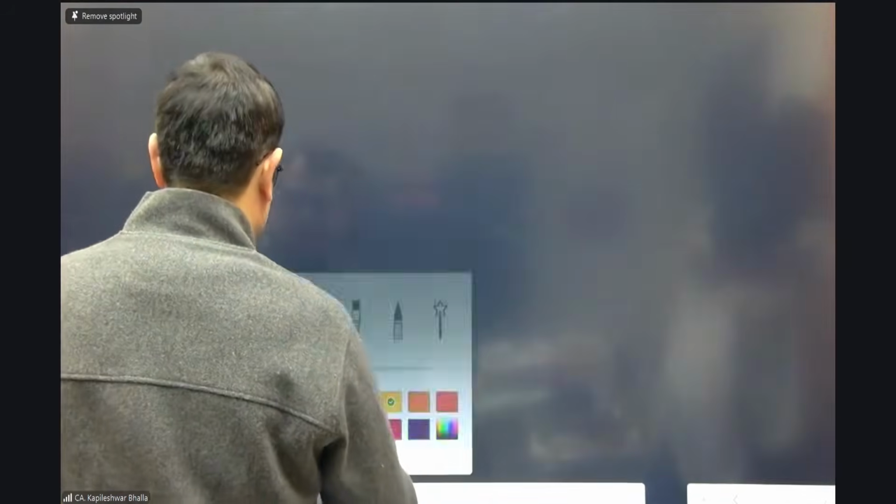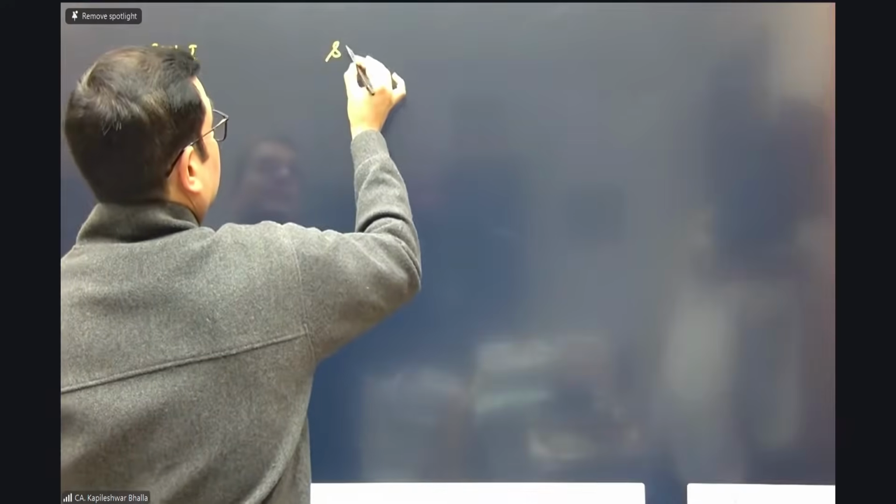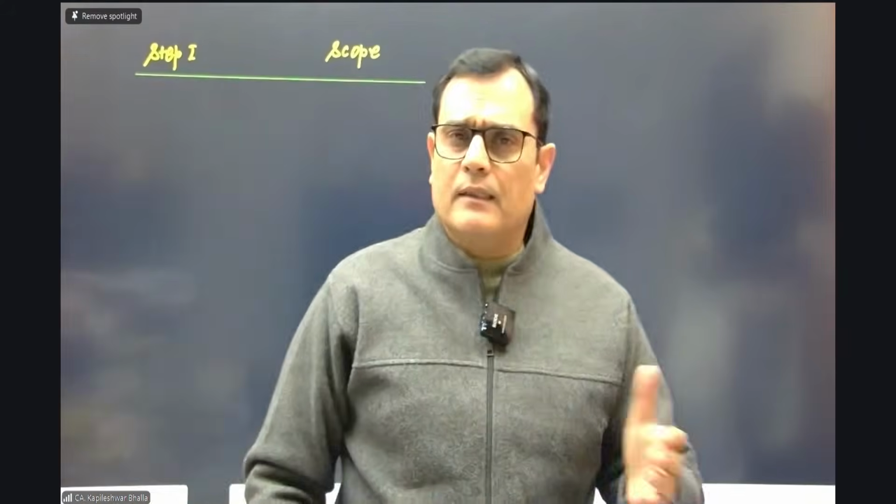Okay, so let's come back to the agenda. I am coming to step number 1. As far as step number 1 is concerned, that is considering the scope of the standard. And let me give you a very interesting chart at this particular stage. Since you've already done the course, it's easier to connect all the dots.